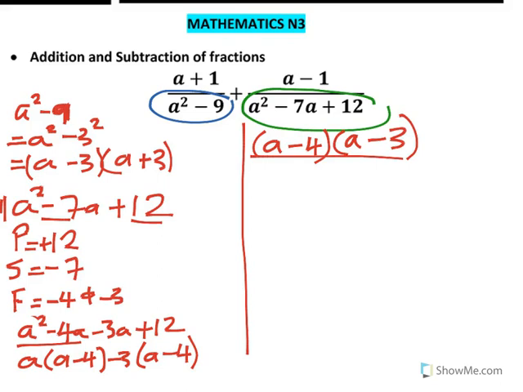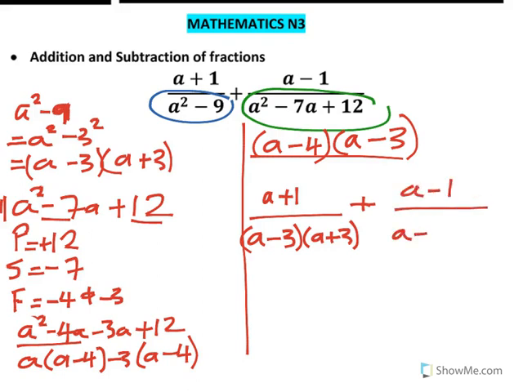Now when you continue with the problem, going back to our previous fraction, you will have a plus 1 over a minus 3 and a plus 3, remember the difference of two squares, plus a minus 1 over a minus 4 and a minus 3.